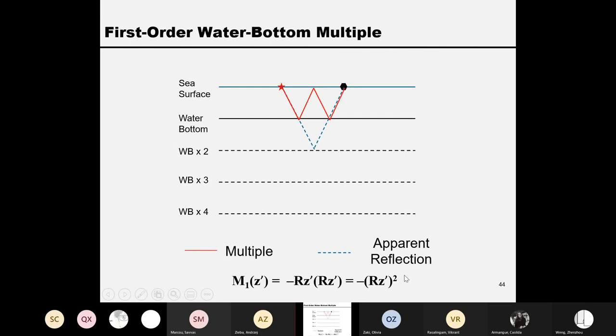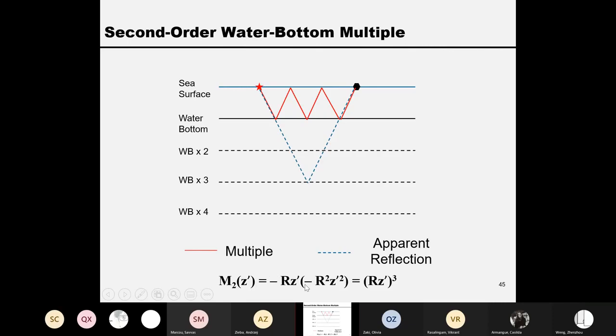That's first order. The second order, in front of the first order, you pre-multiply another one. It's a -1 here and the RZ prime. So you have RZ prime cubed, right? So for the higher orders, you simply have RZ prime with a power here.